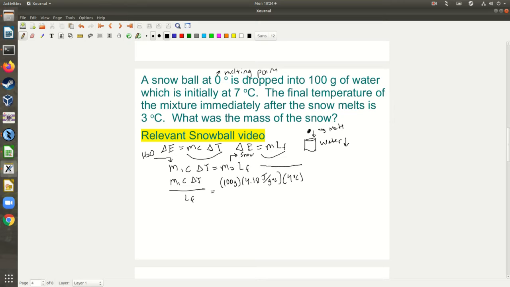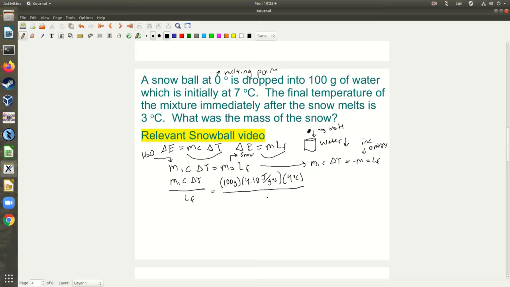But yeah, if you wanted to be 100% accurate, you could say this is M1C delta T equals negative M2 LF, because its phase change is going to increase in entropy. But entropy is a little bit beyond the scope of this class. If I'm correct, you cover that in Chem 2. So if you've had Chem 2, bully for you, I suppose. That should make some sense. But if you just want to look at it as absolute values, you could probably totally get away with it like this. That's the way I do it.